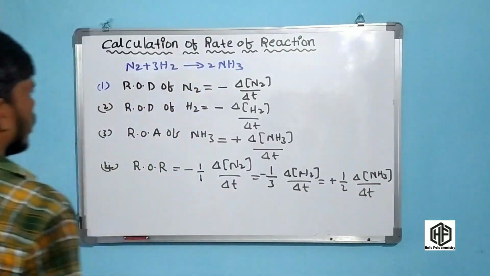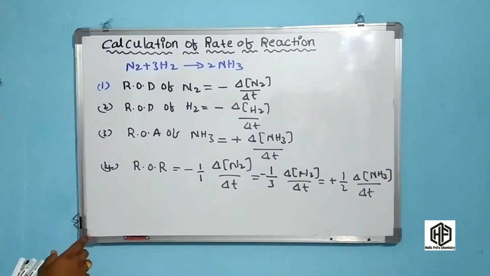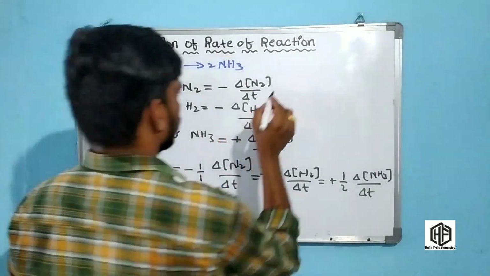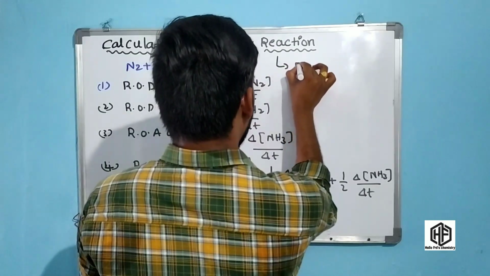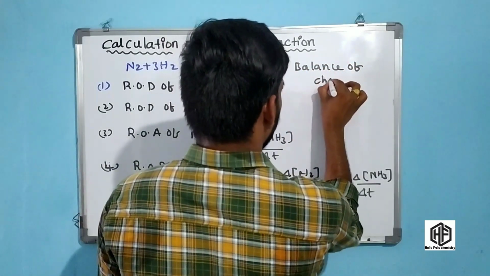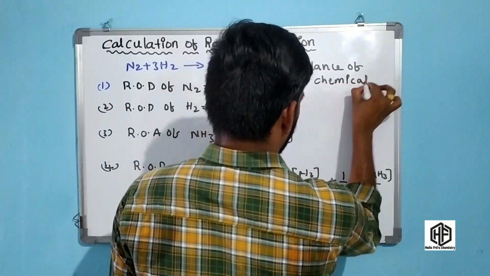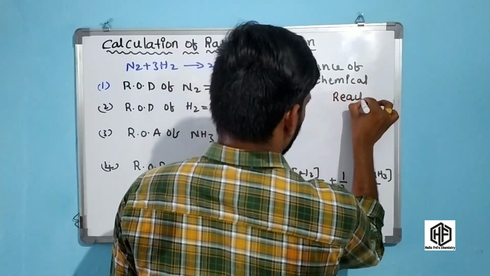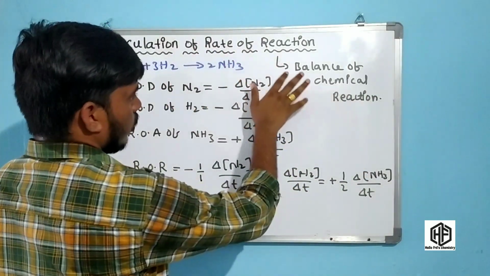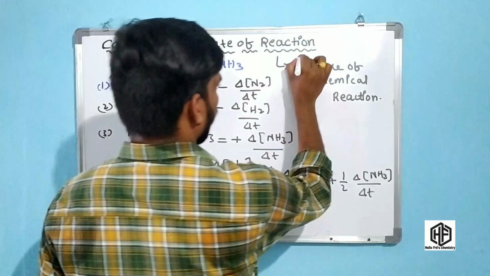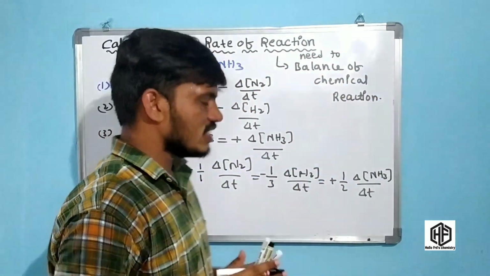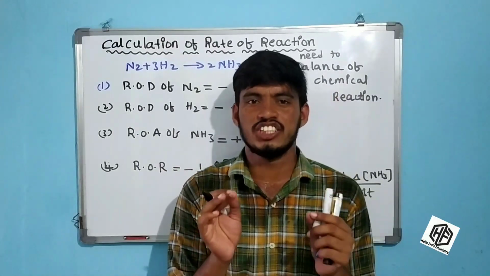Friends, calculation of rate of reaction needs a balanced chemical reaction. Finally, the calculation of rate of reaction needs the chemical reaction to be balanced. This is the concept of the calculation of rate of reaction.